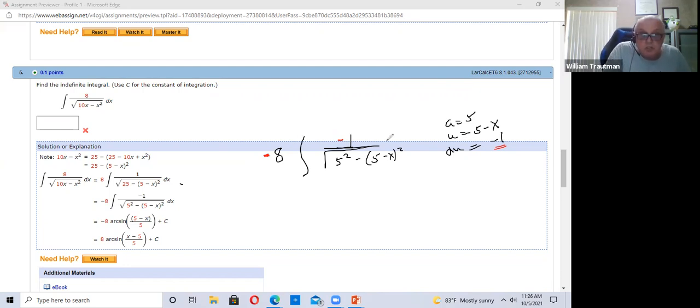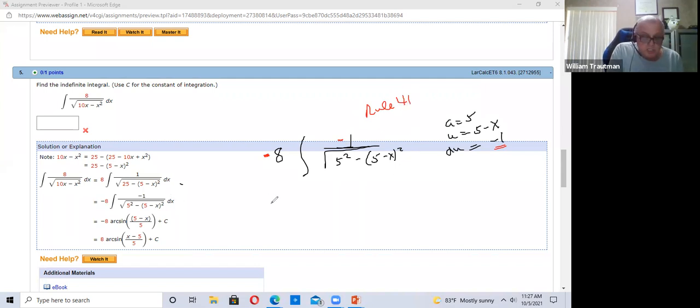And then you look at your formula sheet. Let me look, I think this is rule 41. I think this is one I looked at. Rule 41, a squared minus u squared in a square root. Yes, see, the same rules keep on popping back up. That's why I say mark them on your 100 integration sheet.